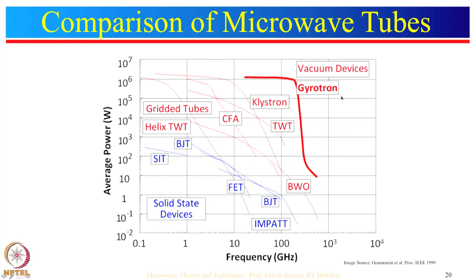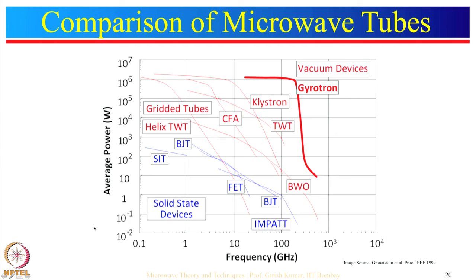As I discussed, gyrotron works from 20 gigahertz to about 500 or 600 gigahertz, and they can provide high powers of about 2 megawatts for a large range of frequencies, that is from 20 gigahertz to about 200 gigahertz, and after that power output decreases drastically, and at about 500 or 600 gigahertz it can provide only tens of watts of power.